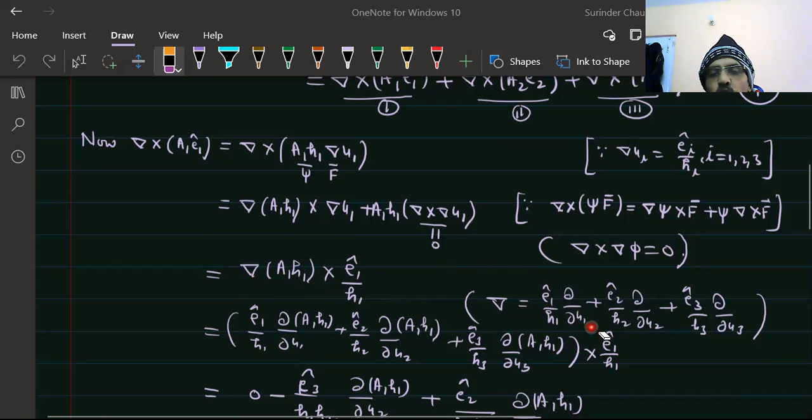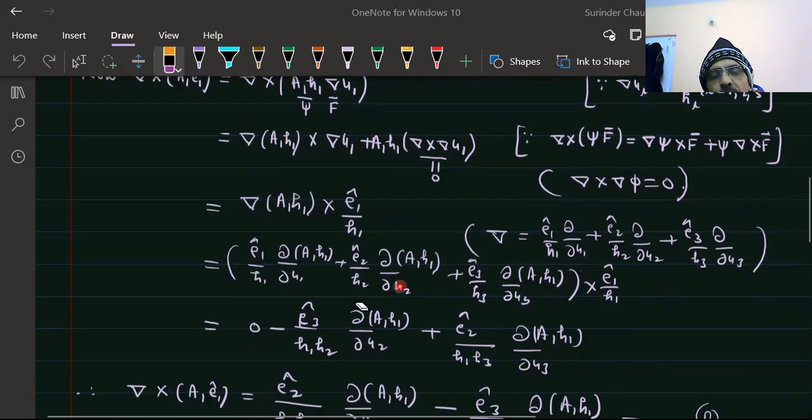Operate the del operator, which in curvilinear coordinates is e1 upon h1 partial derivative with respect to u1 plus e2 upon h2 partial with respect to u2 plus e3 upon h3 partial with respect to u3, on the scalar point function a1 h1, cross e1 upon h1.